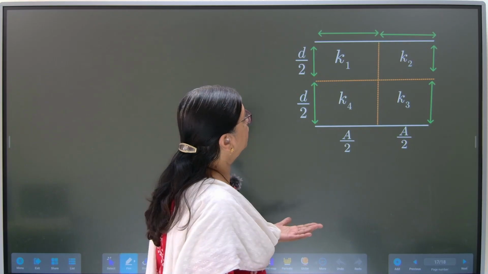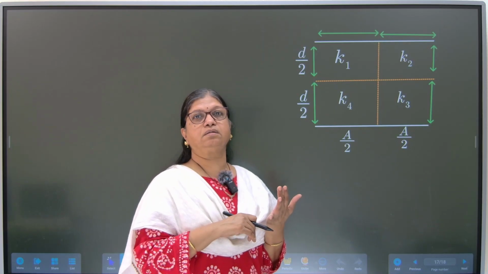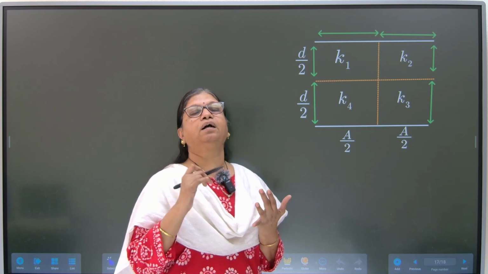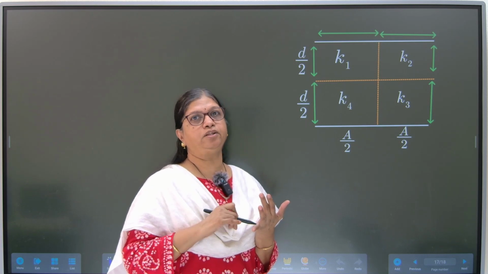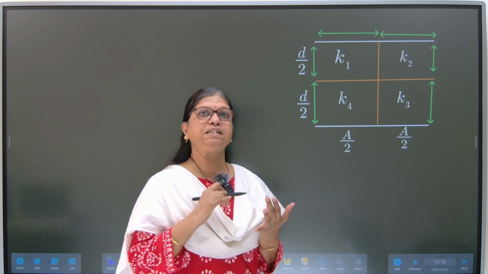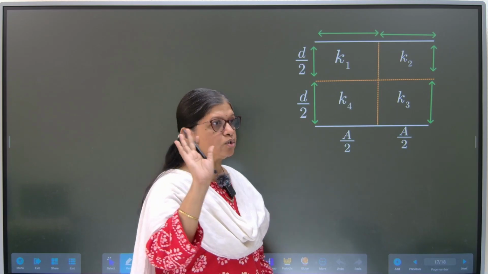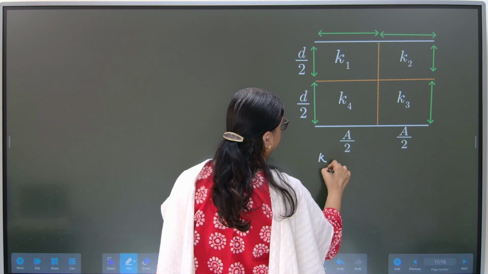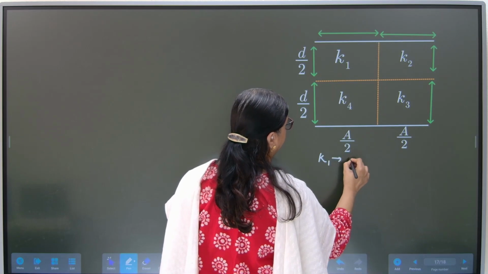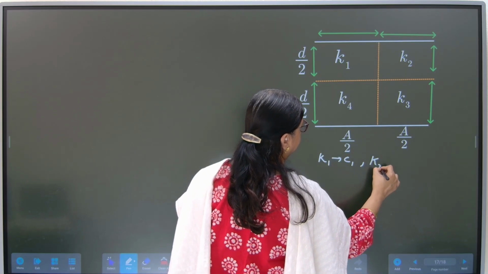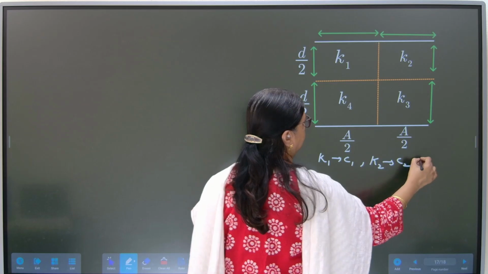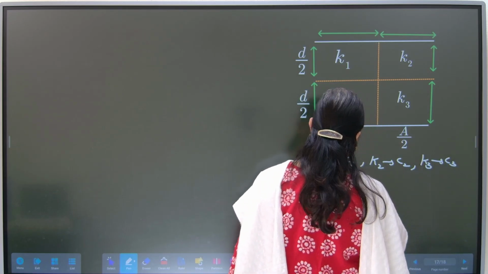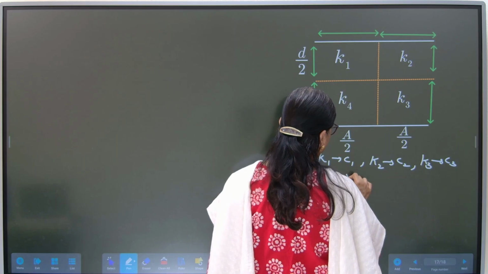Here the very first thing we have to understand is what are the combinations between these slabs in series and parallel. So let us first name the capacitance with dielectric constant K1 as C1, K2 as C2, K3 as C3 and K4 as C4.